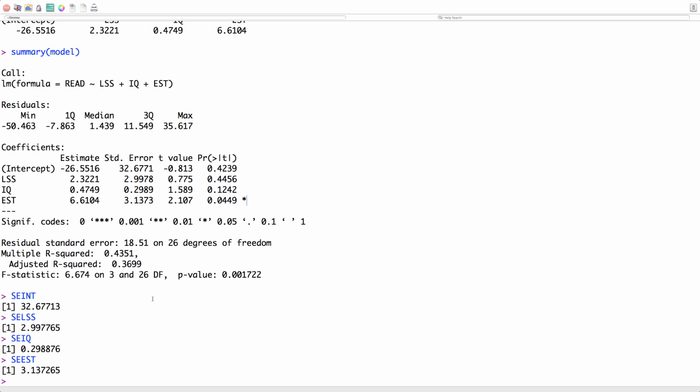Something else I want to show you is a common mistake for a lot of people. They think the bigger this estimate is, the better chance it has of being statistically significant. In this situation, our largest estimate was the one that was statistically significant. However, if you look at the estimate of 0.4749, you've got to take into consideration that the t-value and the p-value are based on the standard error.